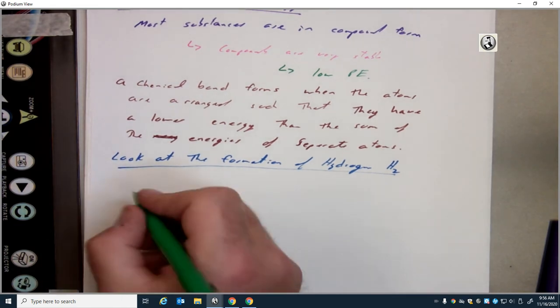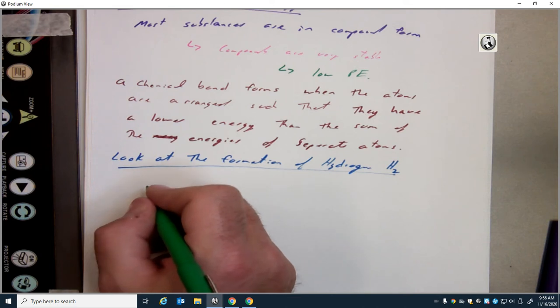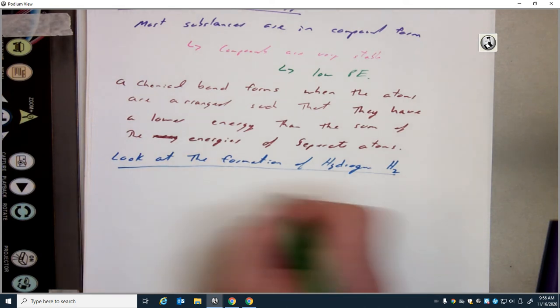So there are two unfavorable PE terms in a bond.